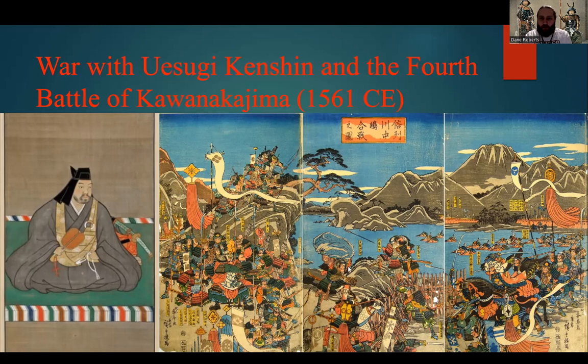However, this attack failed, and Takeda Shingen was able to force the Uesugi to retreat, though not without large amounts of casualties on the Takeda side, with minimal casualties on the Uesugi side.